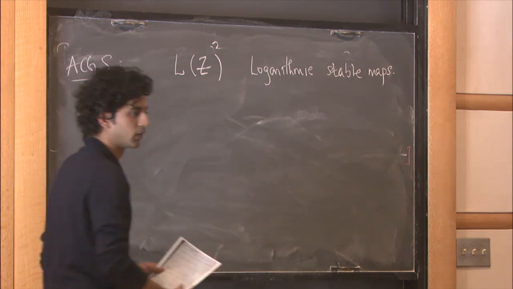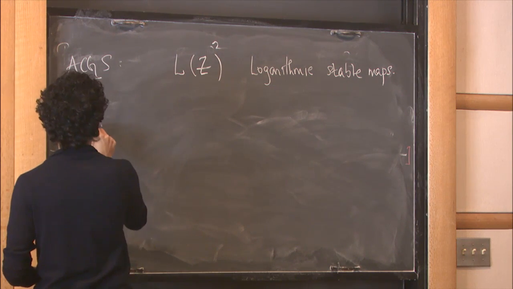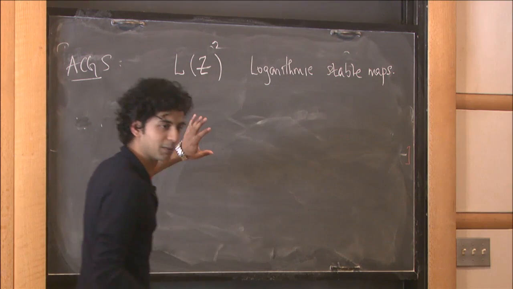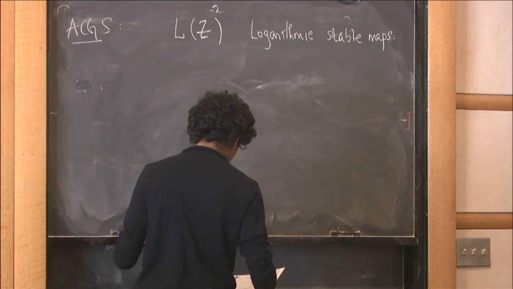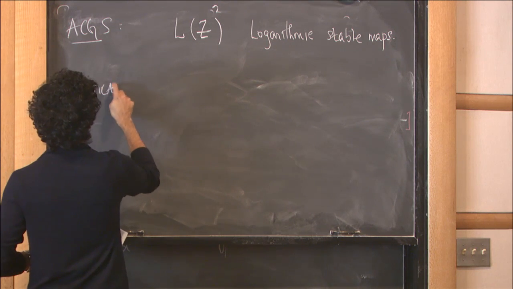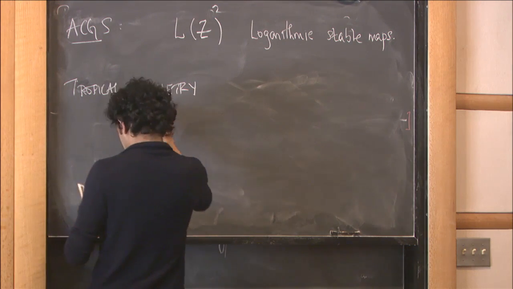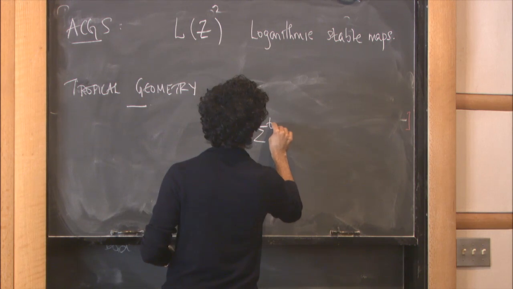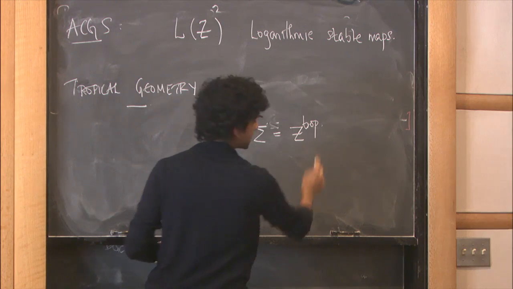Okay, so I will tell you what a point in this moduli space parameterizes in a sort of not so standard way. To do that, I need to tell you a little bit of tropical language. So the target of my tropicalization will just be a fan, which I'll think of as the tropicalization of my toric variety.